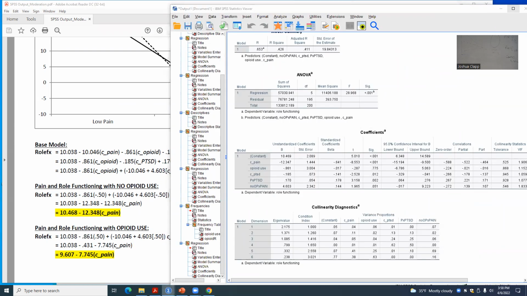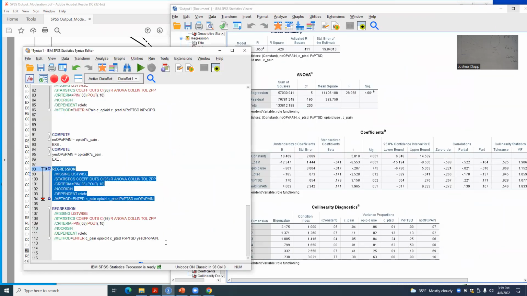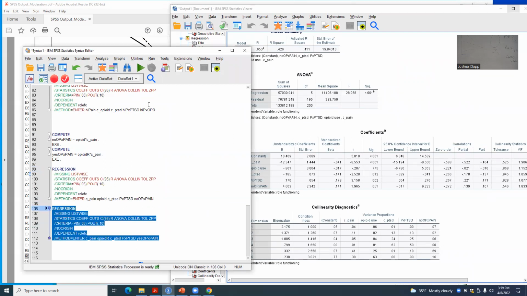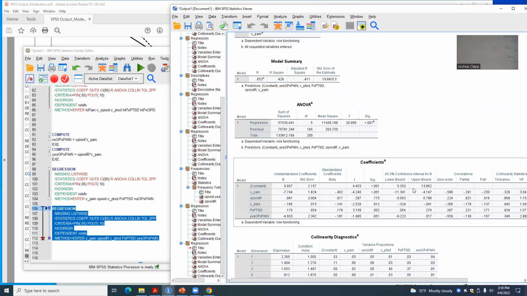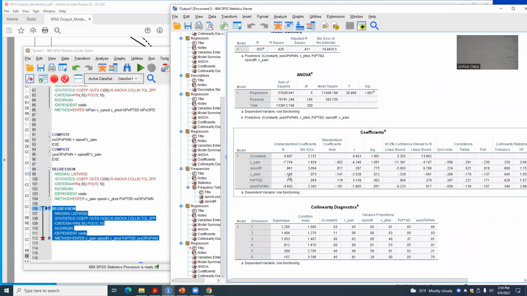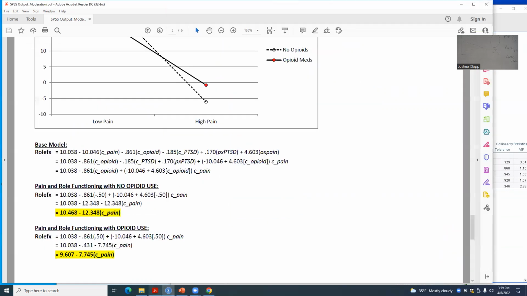If I go through and run this for my recoded dummy, I get my conditional effect of pain is negative 7.744, right? We're identical to back here, right?